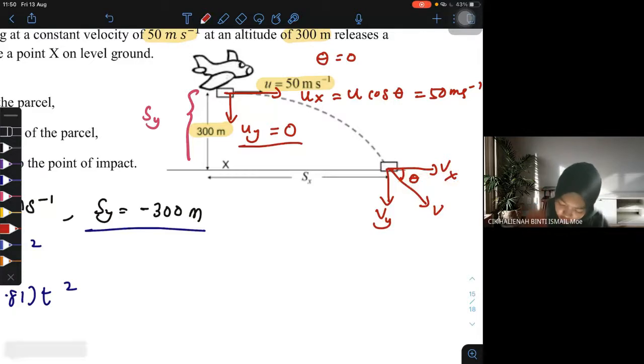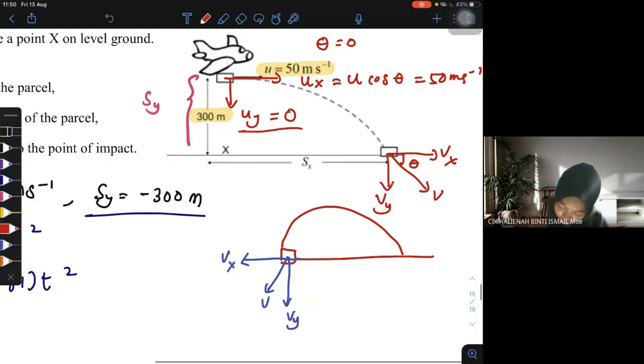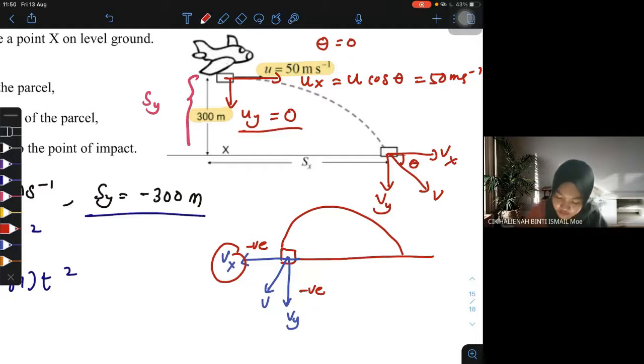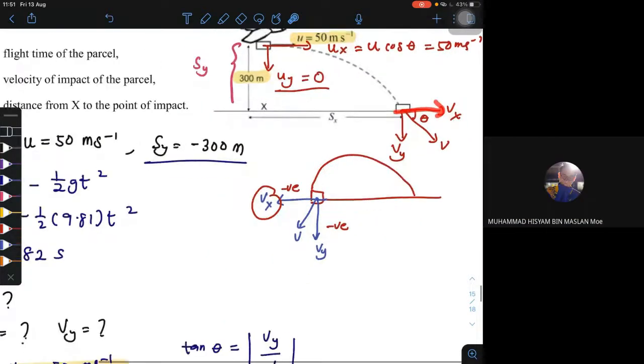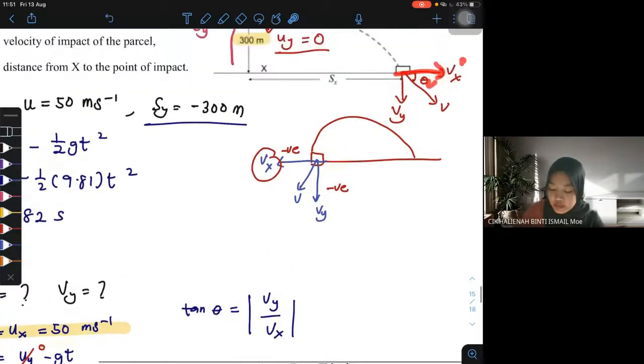So kalau dia jatuh macam ni, so v tu macam ni. So kita akan ada vx and then vy. So kalau dekat part ni, obviously dia adalah negative x-axis sebab dia ke kiri. But this one part here, dia positive x-axis sebab dia ke kanan. Yeah, okay. Faham. That's why kita letak angle tu below positive x-axis.